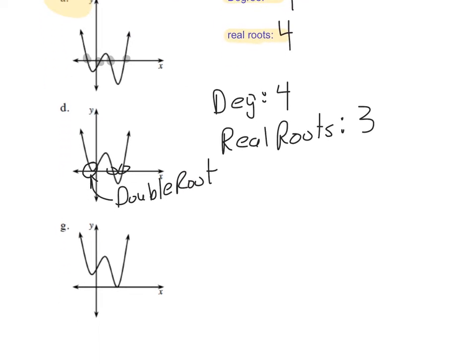And in this last one, we only have 1 place where it bounces off of the x-axis. So there is a double root at this particular location, and this other local minimum is going to lead to non-real roots.